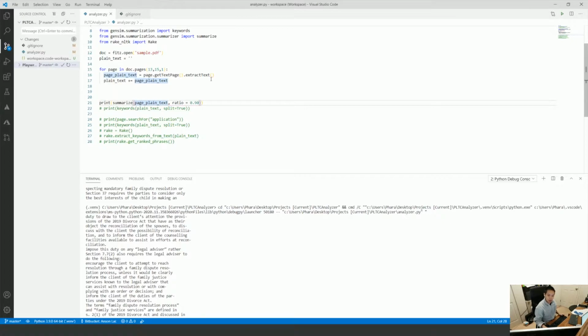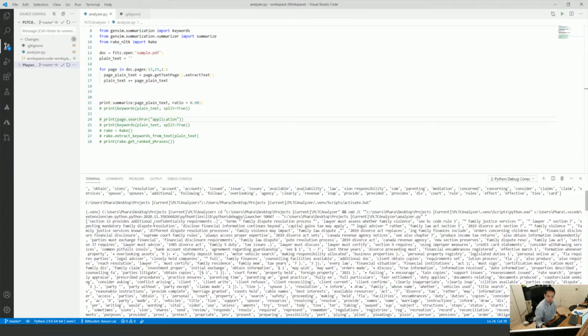So a lot of this seems to be very finicky. It's going to require a bit of adjusting, but I'm hoping that I'm going to combine one or two of these. Rake might have these kind of phrases, but maybe the keywords will be able to pick out the keywords in the phrases and basically give us a better result.